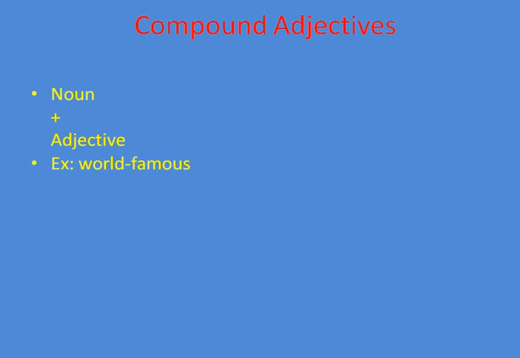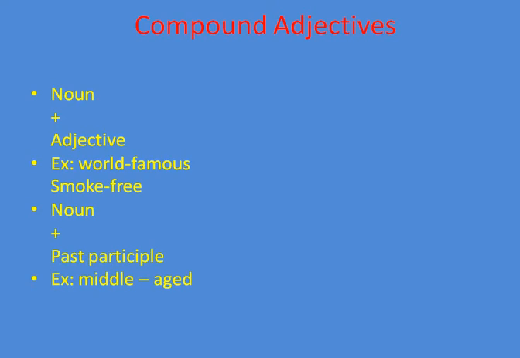Now world famous is the compound adjective. Smoke free is the compound adjective. Now we can use a noun in combination with a past participle to give the compound adjective middle-aged. See one more example: sun-dried.